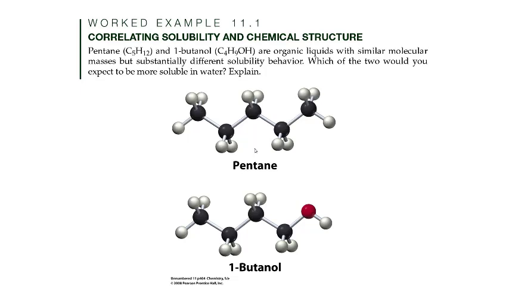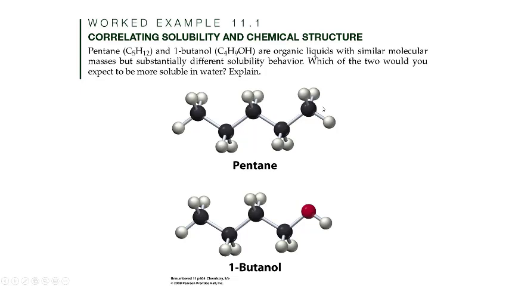Okay, so we expect that 1-butanol, down here on the bottom, to be soluble in water, whereas we do not expect pentane to be soluble in water. The reasoning behind this is that 1-butanol, having this OH group, is a polar molecule, with a dipole moment going in the direction of this OH, whereas pentane is a nonpolar molecule.